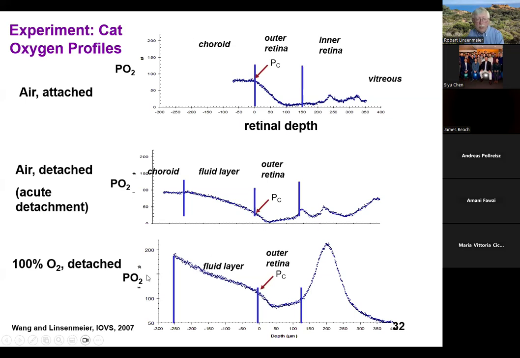Whereas if we allow the animal to breathe 100% oxygen, PO2 at the choroid goes way up, so the PO2 at the back of the photoreceptors can be maintained as well. In this particular case, we must have been fairly close to a larger artery in the retinal circulation, but it's the choroidal PO2 that I'm calling your attention to.